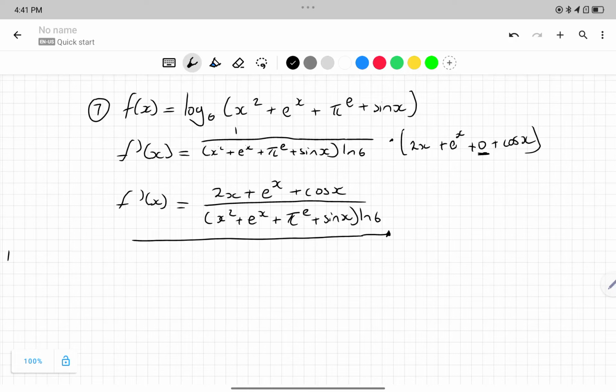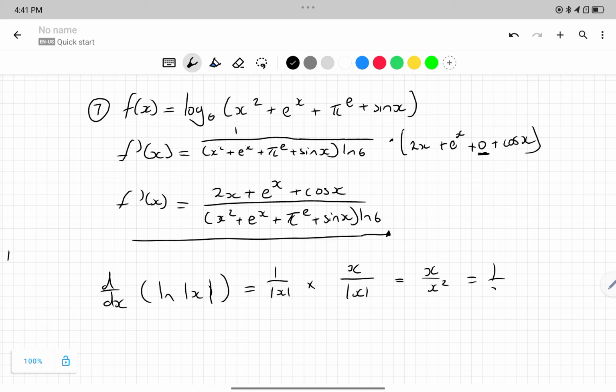This is just the bonus question: d over dx of ln of the absolute value of x equals 1 over x, by the chain rule, 1 over absolute value of x times x over absolute value of x, which is x over x squared, equal to 1 over x.